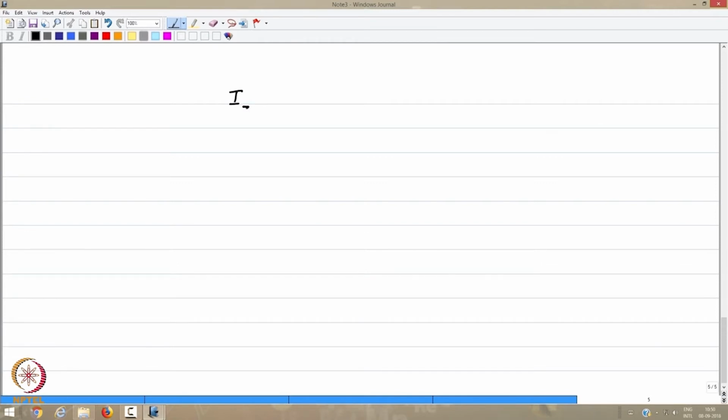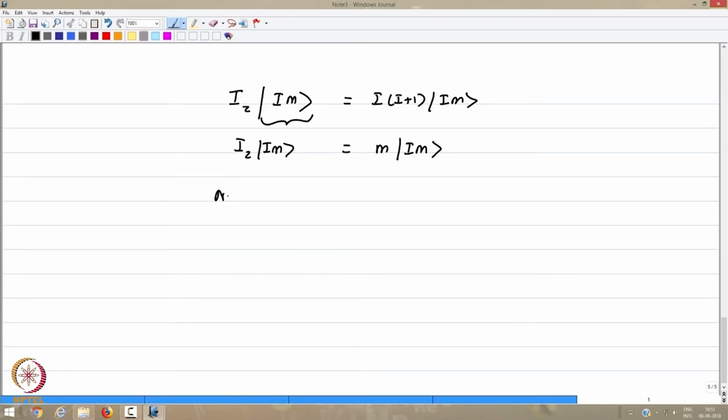I square on the spin state Im, the two quantum numbers being I and m, is given as I into I plus 1 times Im, and Iz on Im is given as m times Im. The number of states Im for any given I is 2I plus 1.